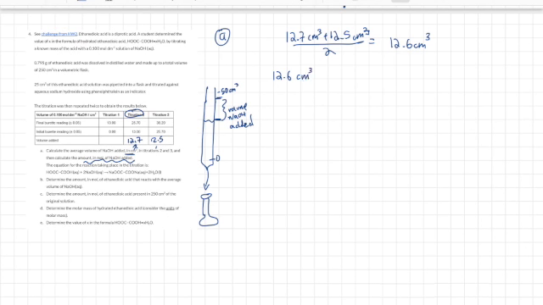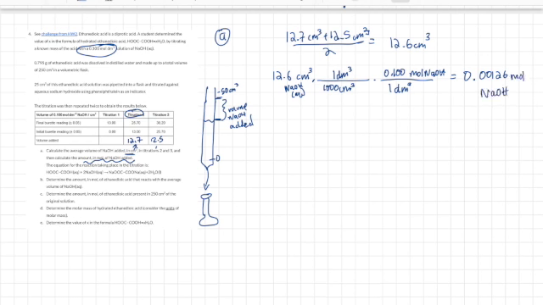I have the concentration, so I'm going to get this into centimeters cubed: NaOH aqueous times 1 decimeter cubed, 0.1 mole NaOH. 12.6 times 1 divided by 1,000 times 0.1. You should be able to do it in your head, but we're on paper 2, so I just plugged it into the calculator.